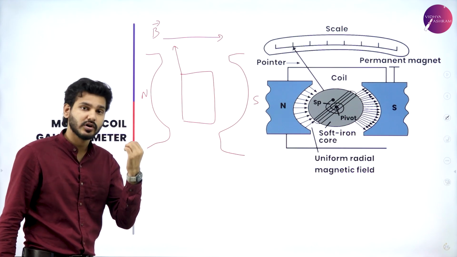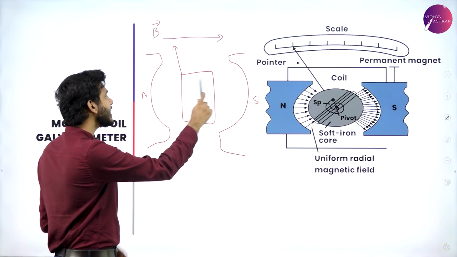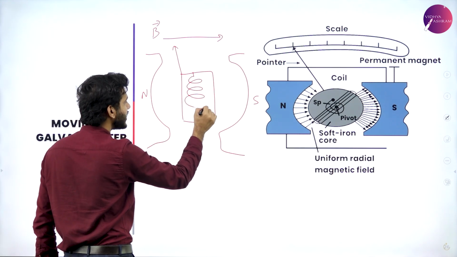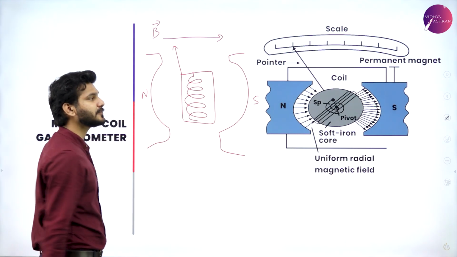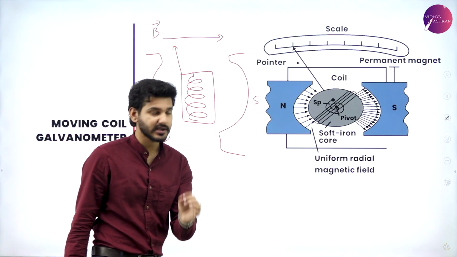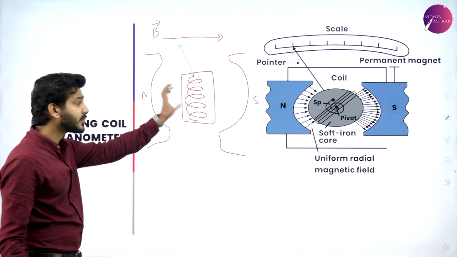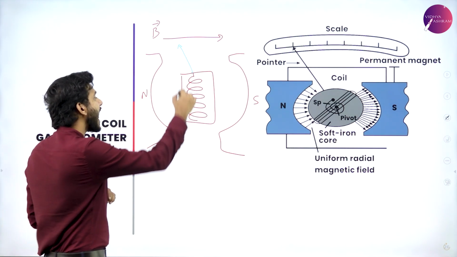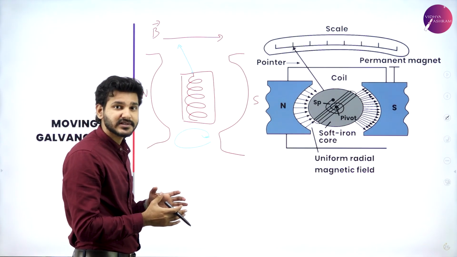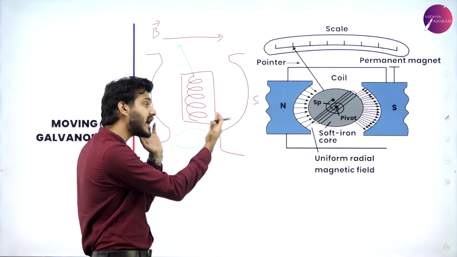So what we did was we used a spring. The simple trick is that if we use a small spring like this and the needle is connected to the spring, then as this coil rotates in the uniform magnetic field when current is flowing through it, the coil experiences a torque and rotates.